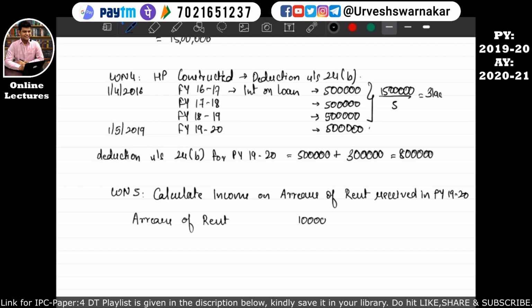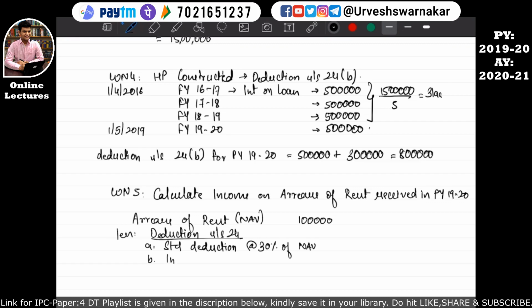So this will become our NAV. Once we have calculated NAV, we will reduce deductions available under section 24, subsection A, standard deduction at the rate of 30% of NAV, and subsection B says interest on loan.